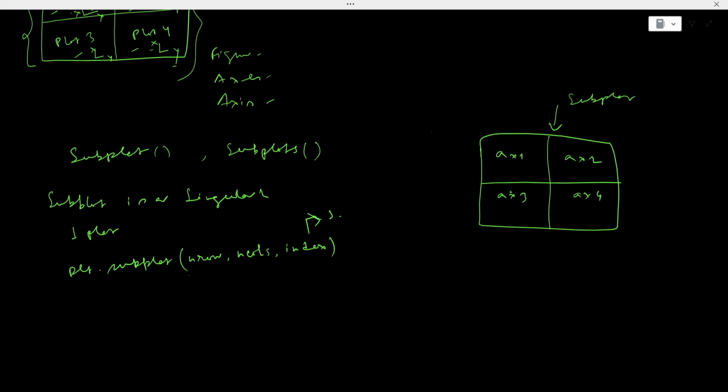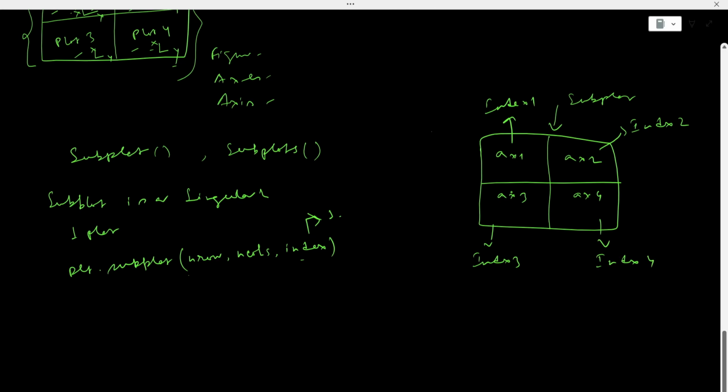So what is the index? This axis is my index. This is index 1, this is index 2, this is index 3, and this is index 4. Always remember the indexing starts from left to right and top to bottom.